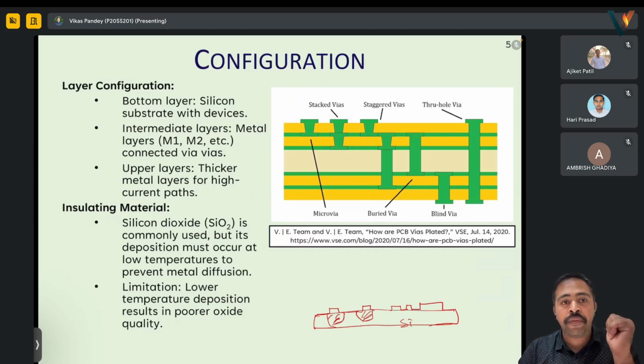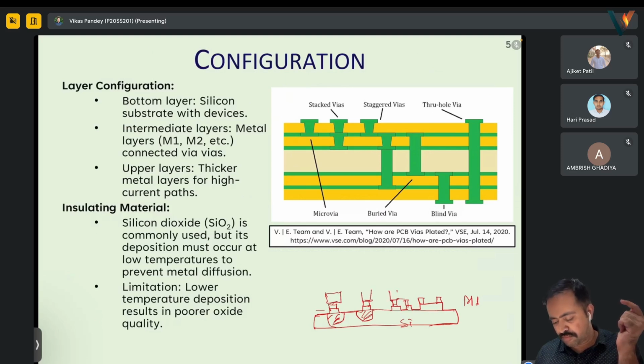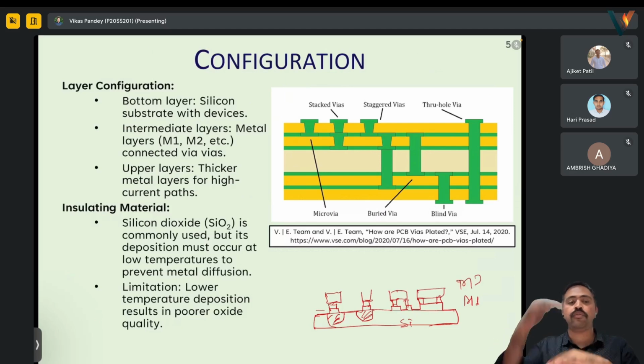Then we have the first metal layer M1, which makes contacts here. Then we will have bigger layers, bigger than this, or maybe smaller, for interconnects. That layer will be M2, and from bottom to top we go M1, M2, M3, and they are connected.